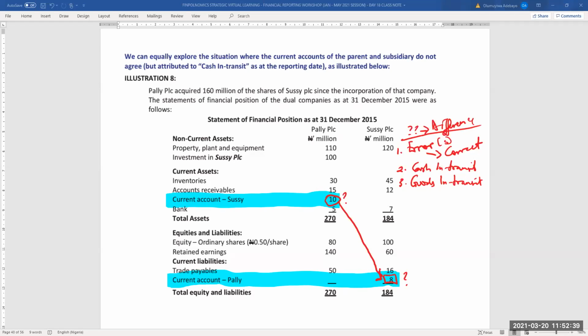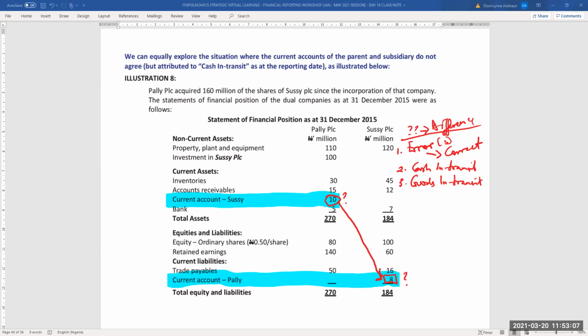Cash in transit means that if there has been transactions between the parent and the subsidiary, let's assume the subsidiary purchased goods from the parent, and after the transaction has been recorded, the subsidiary has made payments to the parent.